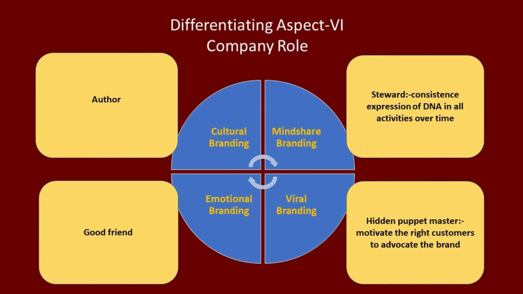Whereas when the marketing activities are based on the mindshare branding model, the company plays the role of continuous expression of DNA in all activities. When the marketing activities are based on the emotional branding model, the company plays the role of a good friend. And when the marketing activities are based on the viral branding model, the company plays a role to motivate the right customer to advocate the brand.